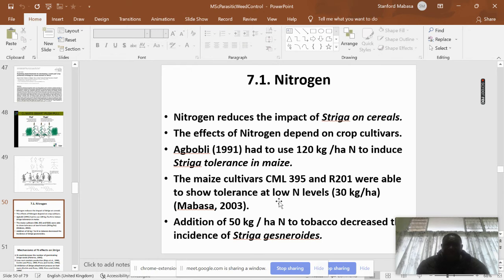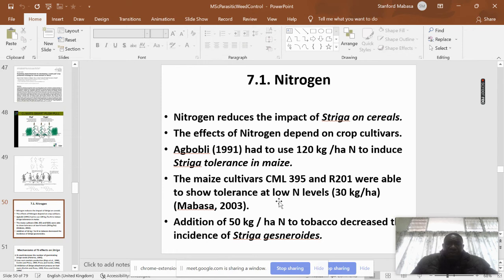Now, the effects of nitrogen depend on the crop cultivars. Agobli in 1991 used 120 kgs per hectare nitrogen to induce striga tolerance in maize. But 120 kgs per hectare is probably too much for the farmers. So farmers may need low rates to control striga or to induce tolerance in their crops.